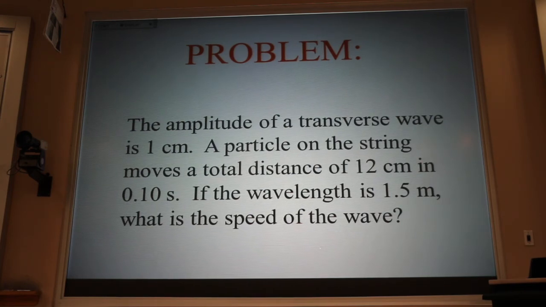We paint one little piece of that string orange, okay? And we find that that little orange piece of string travels a total distance of 12 centimeters up and down in 1/10 of a second. The wavelength of the wave is 1.5 meters. What is the speed of this wave?